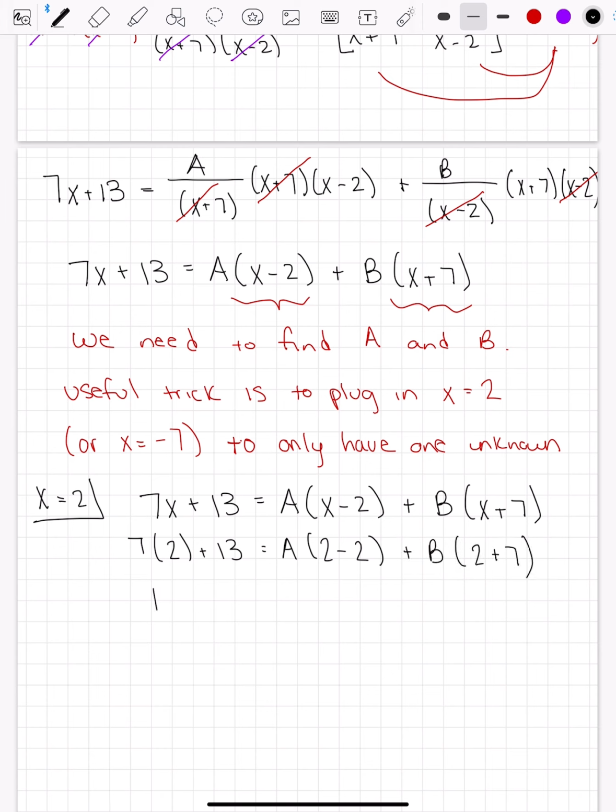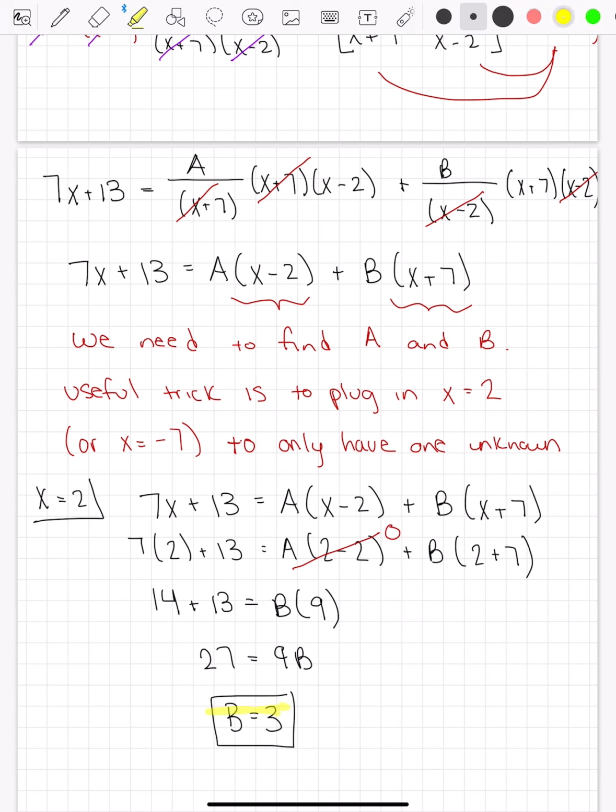So this is going to be 14 plus 13. A times 0 is just 0, so this whole thing is 0. And this is going to be B times 2 plus 7, which is 9. So we have 27 is 9B. And if we divide both sides by 9, we're going to end up with B is equal to 3.